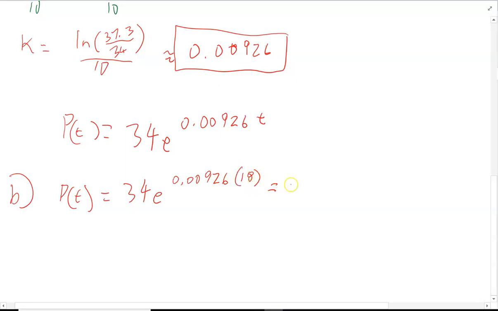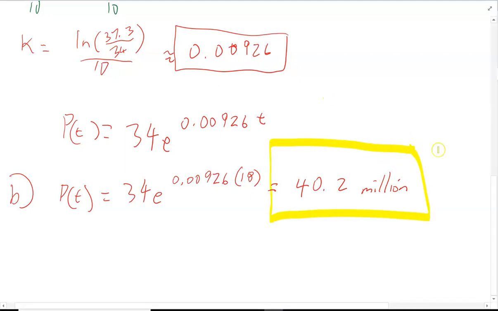And so we get 40.2. We know that is in millions. So that will be our population in 2018.